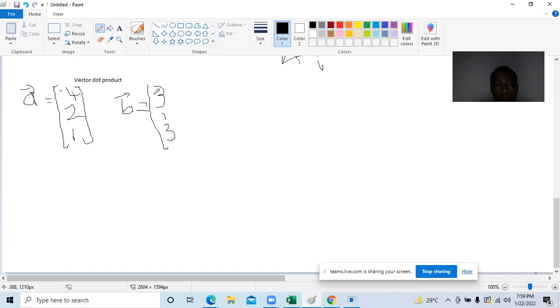Now write this down. A dot vector product is going to give you a scalar quantity. So we have minus 4, 2, and 1, then there's a giant dot in the middle, the dot product of this with 3, 1, 3.